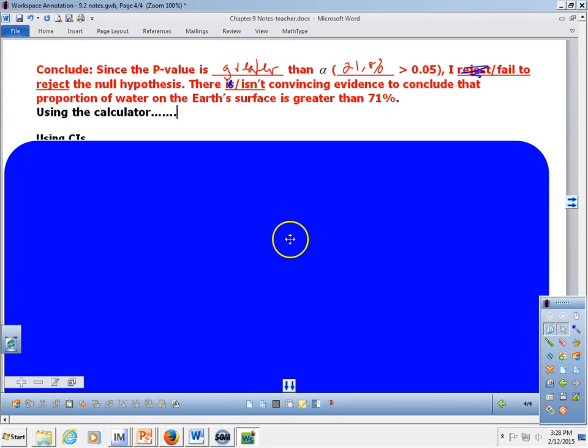Now, if you're to use the calculator, then life can be a little bit shorter. And like I said, I'll show you in class exactly what that would look like, and we can even talk about some of the things that you can get rid of if you use the calculator. Okay? That's it for now.